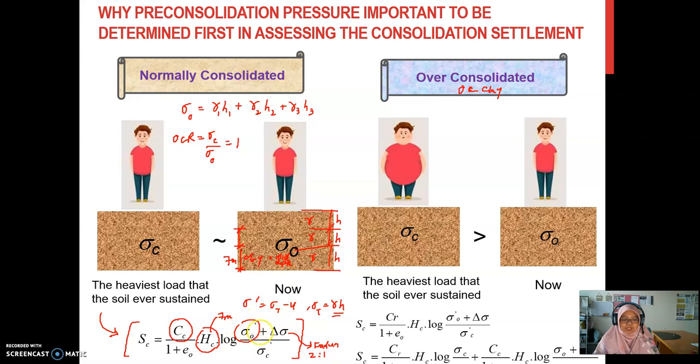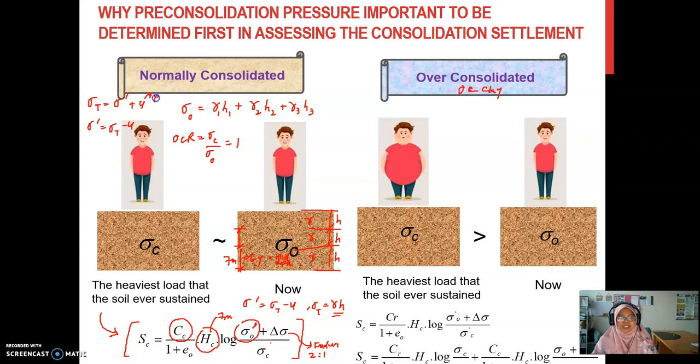And we need to obtain the effective stress. If you see the apostrophe here, the prime symbol, it is the current effective stress. So how do we get the effective stress? This is total stress. I hope you still remember total stress is effective stress plus U, i.e. effective stress is total stress minus U. What is U?